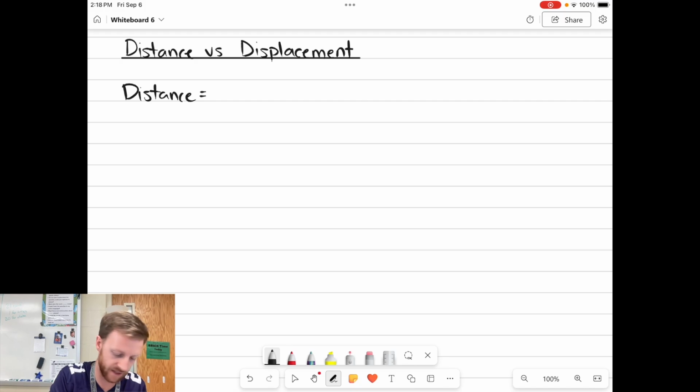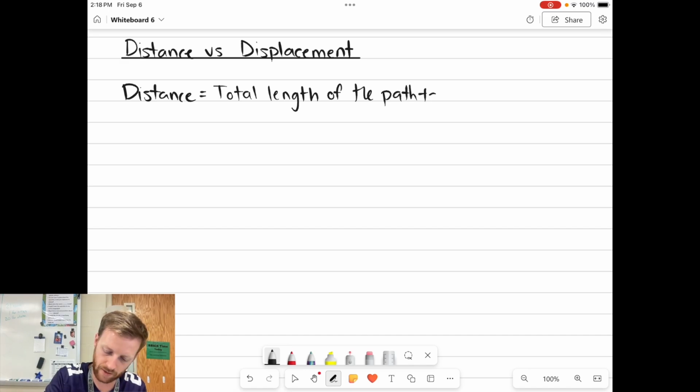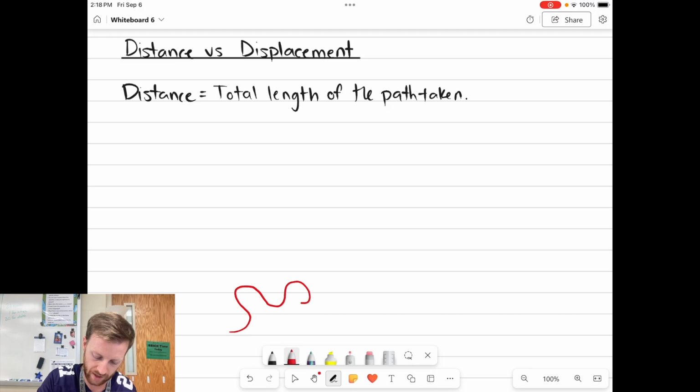Distance is the total length of the path taken. For example, I'm going to draw a little thing down here. Let's say that I am going for a little run. I'm on a trail, and my trail's real windy, right? I'm going to go back maybe over a bridge, and I'm going to end up over here.